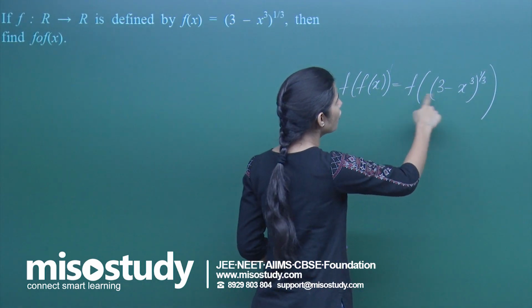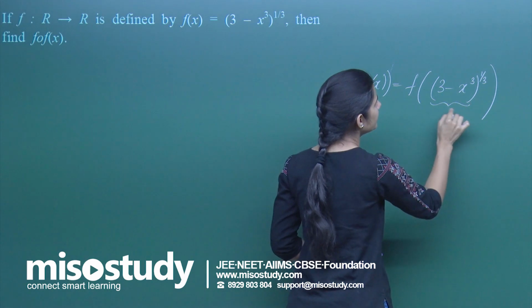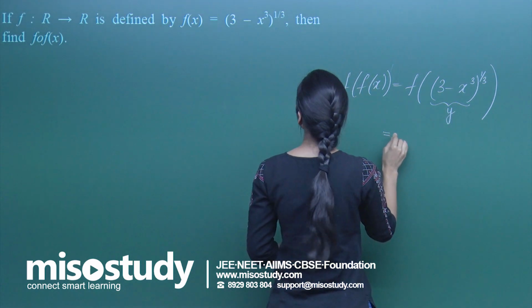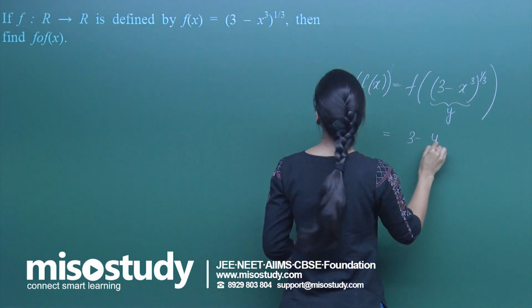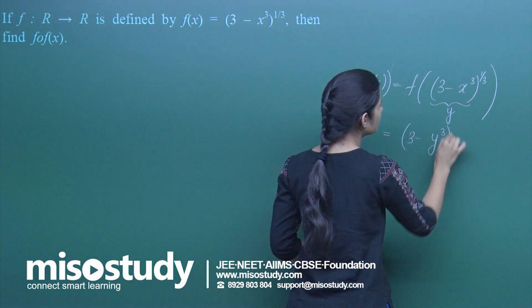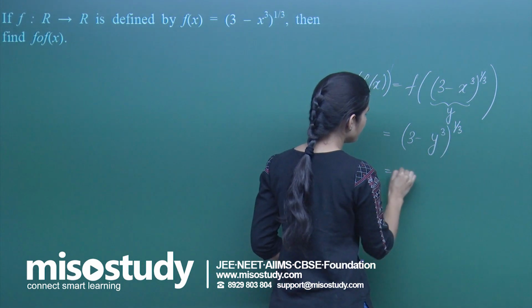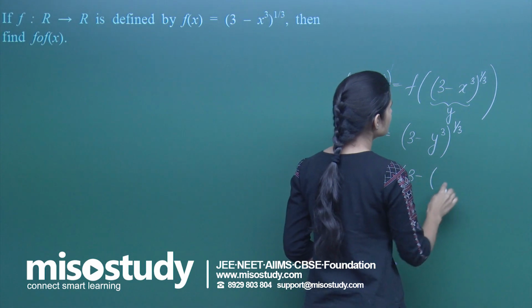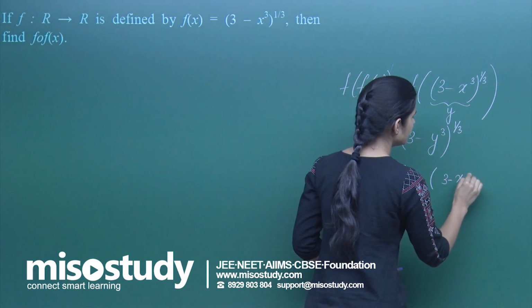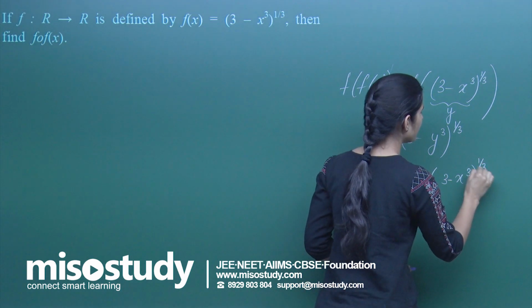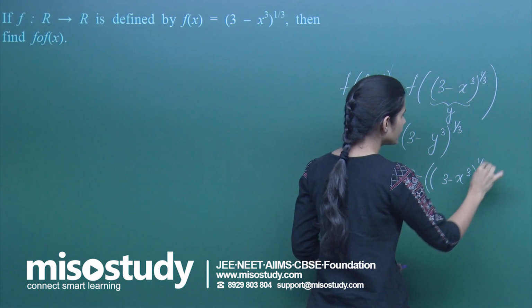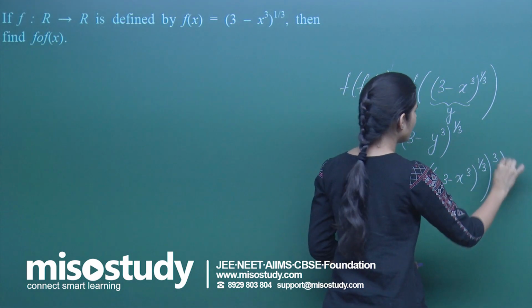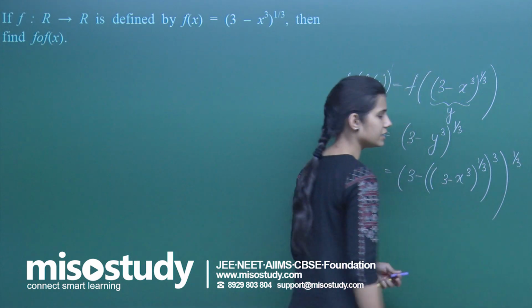Now f of this quantity, if you take it as y, f of y is (3 minus y cube) whole to the power 1 by 3. Now replace it. y is (3 minus x cube) whole to the power 1 by 3. This is y cube, its cube you need to take and then whole to the power 1 by 3.